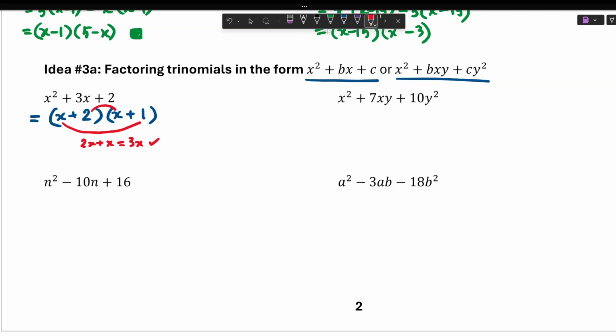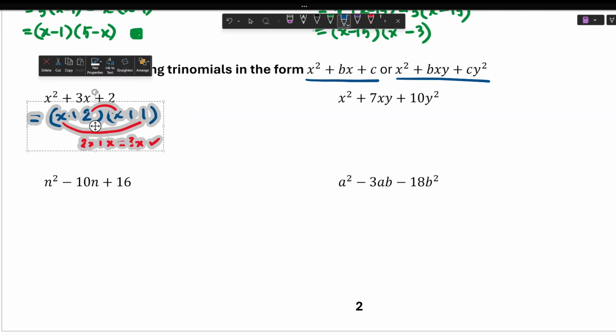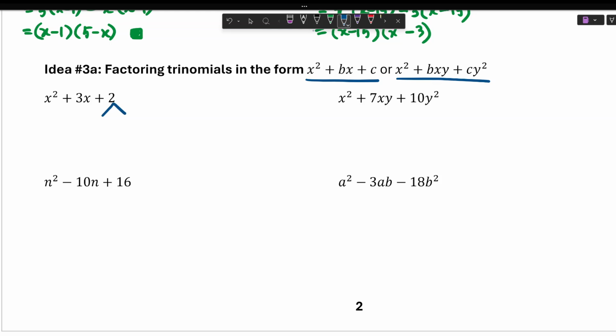Finally, in the special case that a is equal to 1, so when the coefficient of x squared is 1, you just factor the constant term, and then you try to find a pair of factors that adds up to 3. So this is 1 times 2, and 1 plus 2 is equal to 3, so that's going to tell you it's x plus 1, x plus 2.